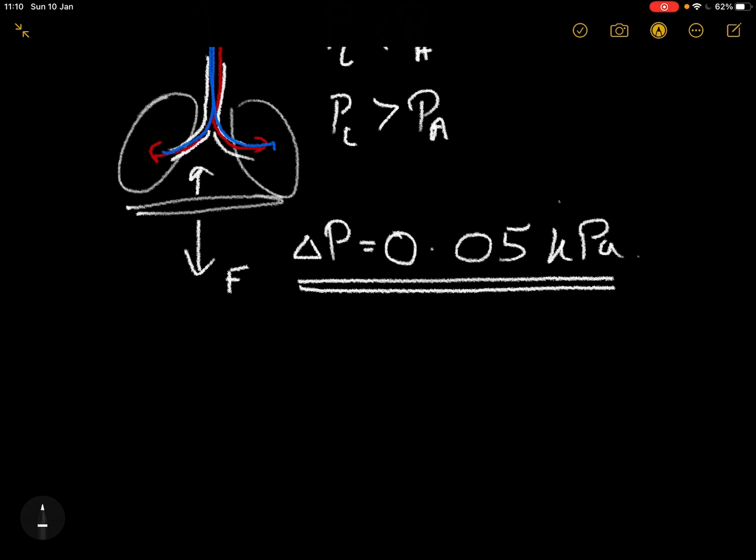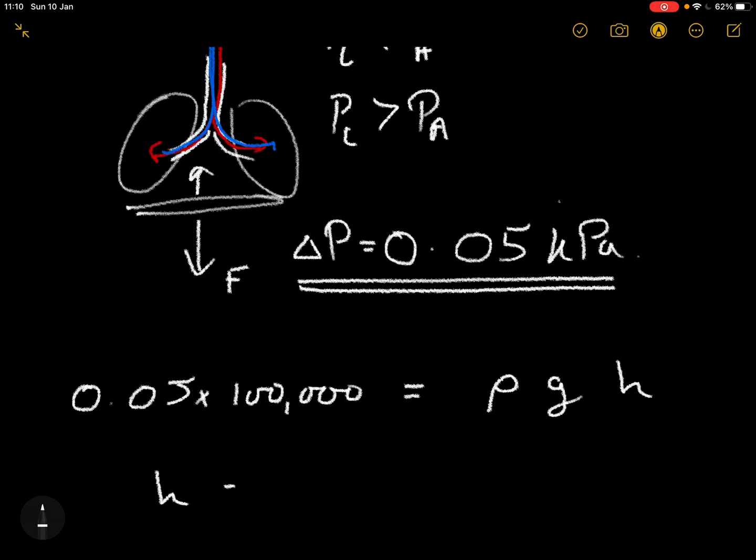So we can imagine that's your upper limit. How deep is that? We say 0.05 times 100,000 is our biggest amount, which is equal to rho g h.